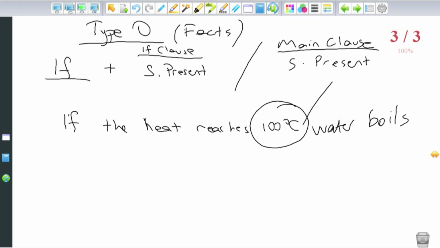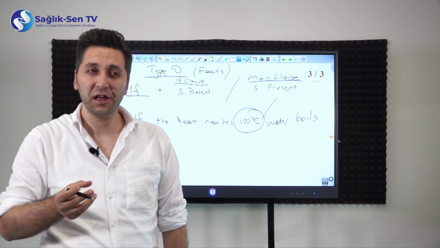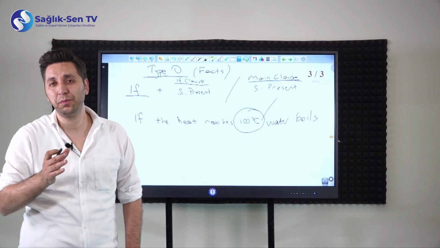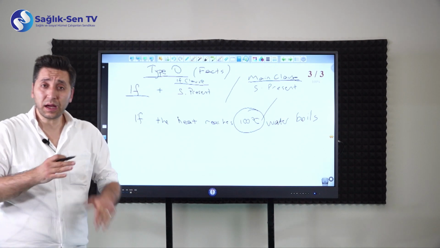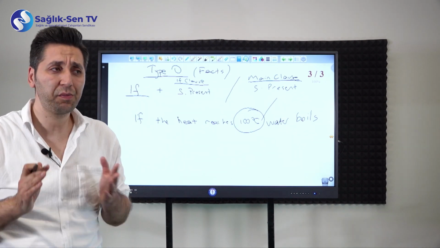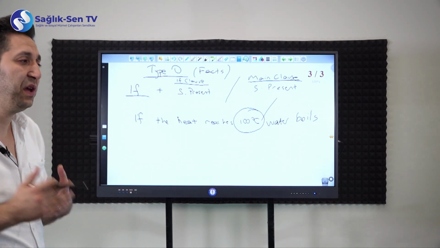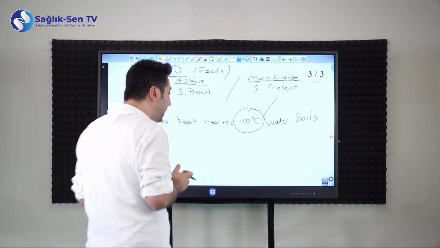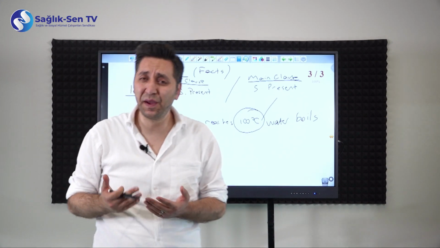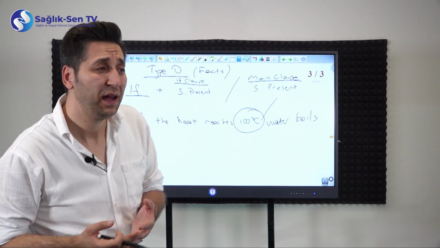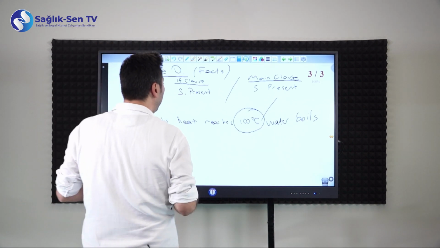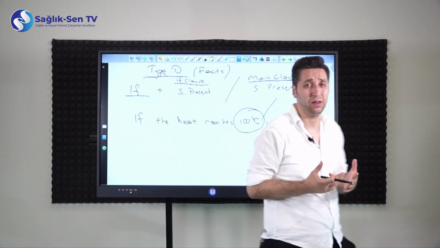If you want to boil the water, the degree must be 100 centigrade. Otherwise, the water cannot be boiled. It's a scientific fact that the scientists prove, and we can conduct an experiment about that one, and we will prove that by doing such experiments also.